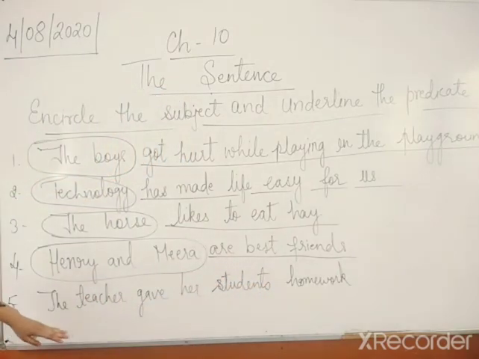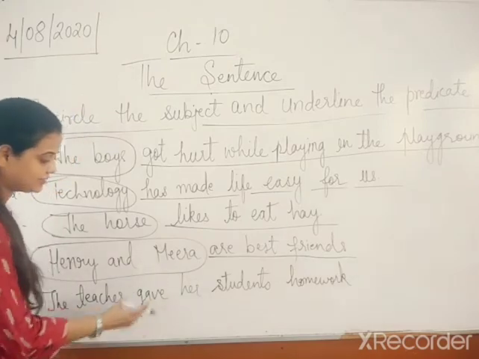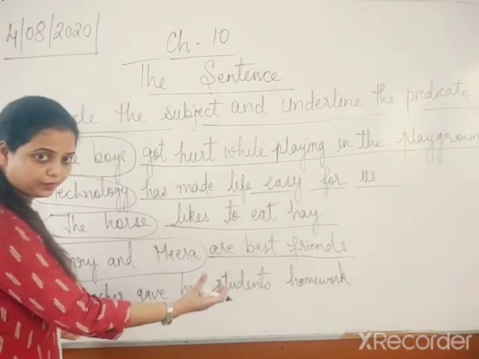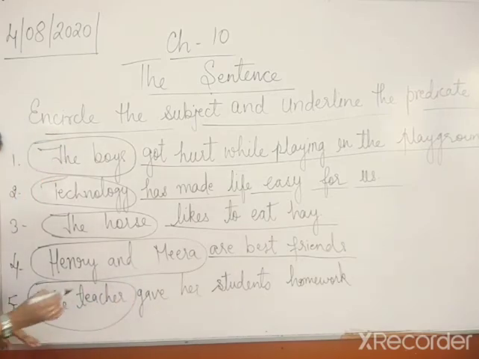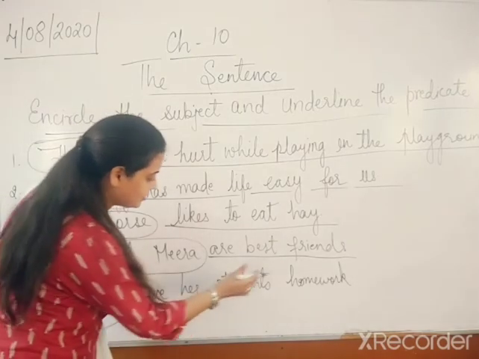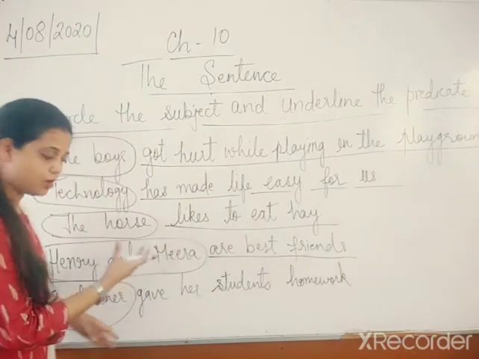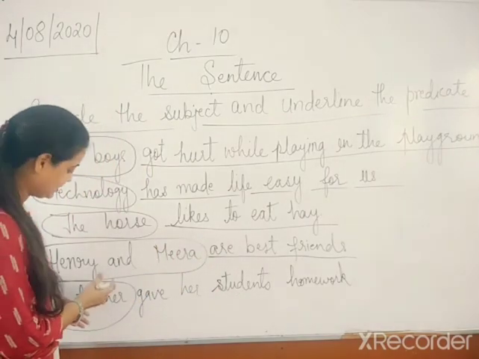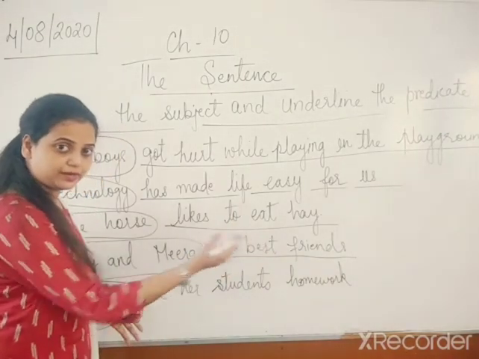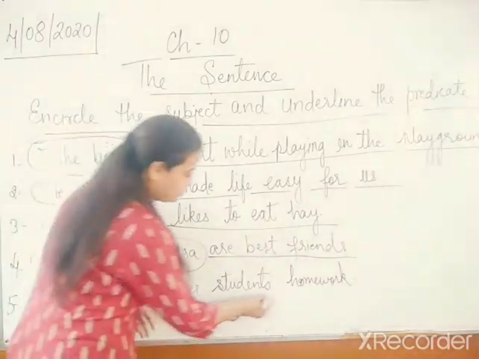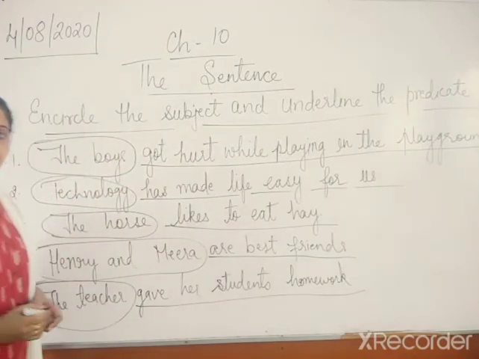Over here we are talking about the teacher who is doing the action, and she is giving homework to the students. So the teacher will be your subject, and gave her students homework is the predicate. What is being said about the teacher? That she gave homework to her students. So this will be your predicate. Clear?